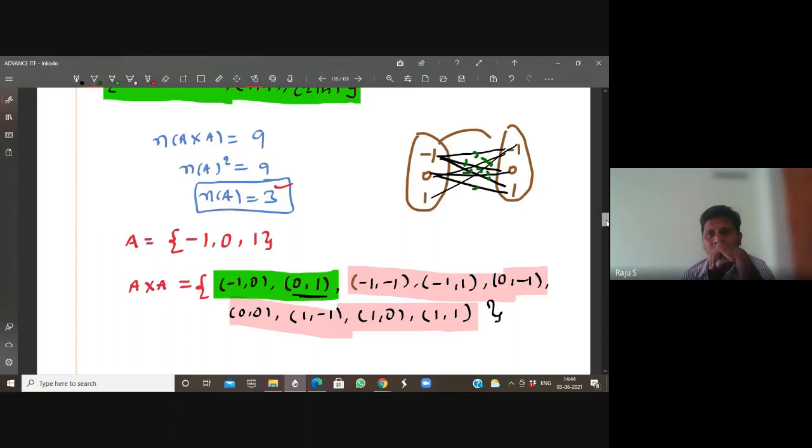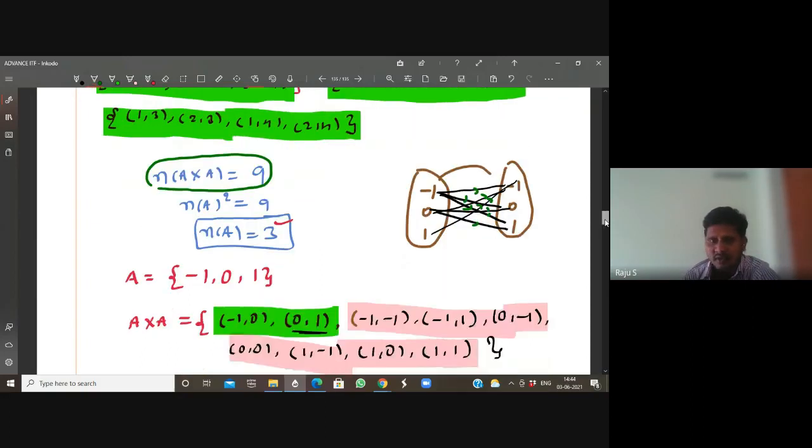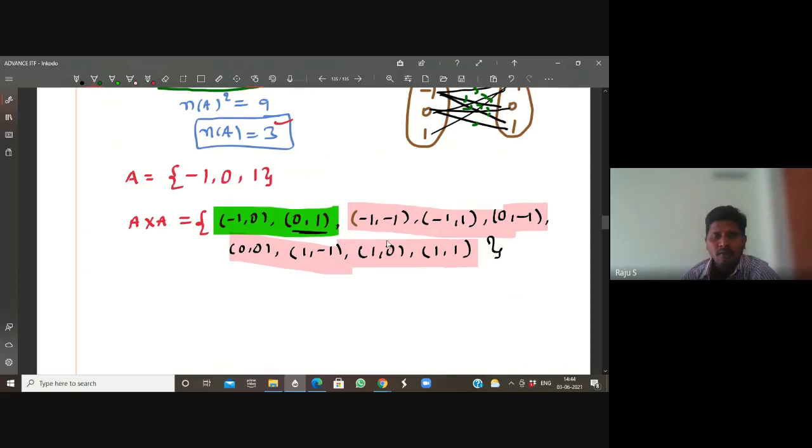Any doubt? No, sir. This is important. From the number of elements they have given, you have to write like this. You will get the value 3. Those 3 elements we should write first. Then after that we have to write all the possible ordered pairs. In that, 2 are already given.